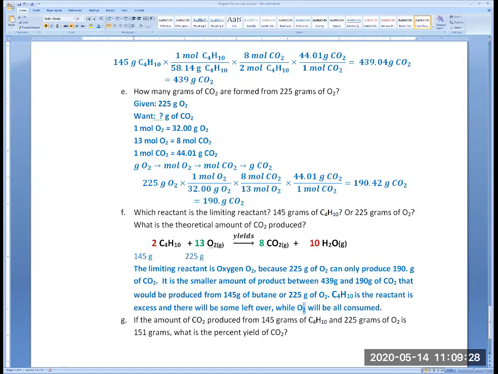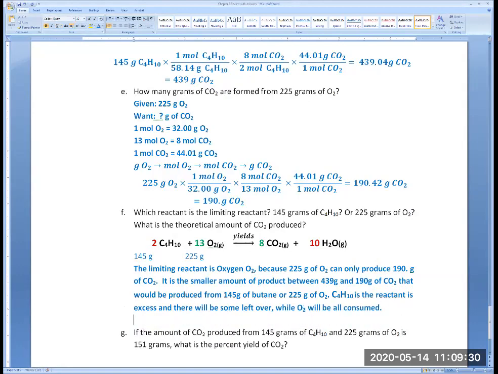Okay, so then the question is asking what is the theoretical amount of CO2 produced. So we already calculated that in the previous two questions.